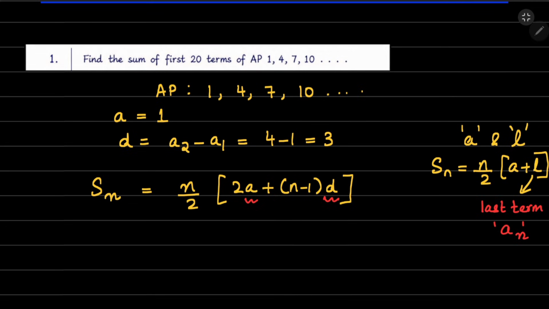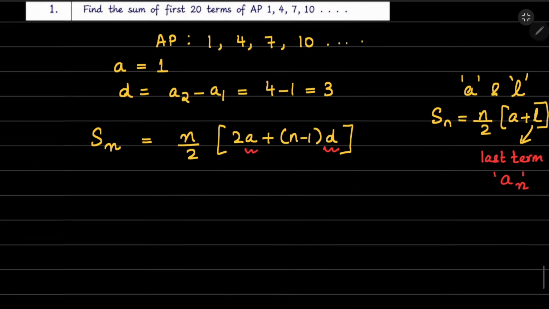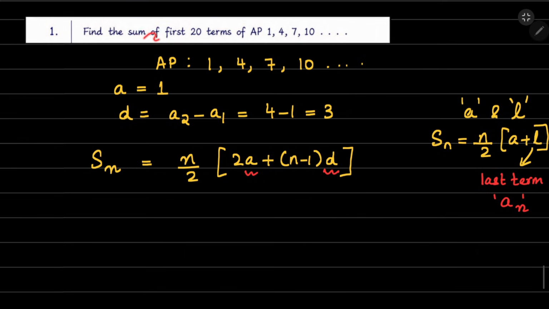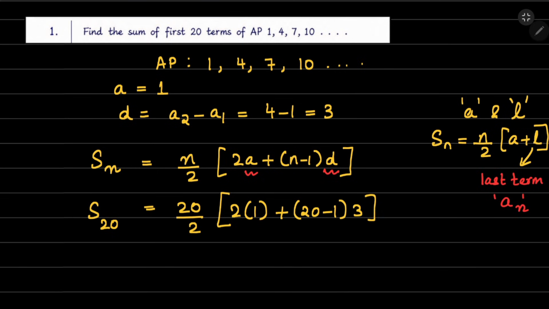The last term of the sequence, which we also denote with an. So here in our question, we don't know the last term. It's an infinite arithmetic progression, but we know the first term and we calculated the common difference between the consecutive terms as well. So let's do it. You have to find out the sum of first 20 terms. So n is equal to 20 here. So the sum of the first 20 terms is equal to 20 by 2 multiplied by 2 into a, which is 1, plus n, which is 20, minus 1 into d, which is 3.